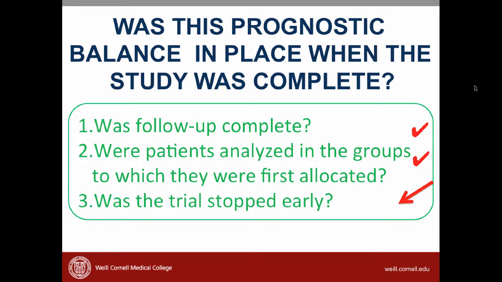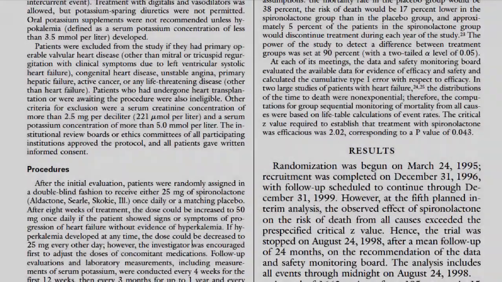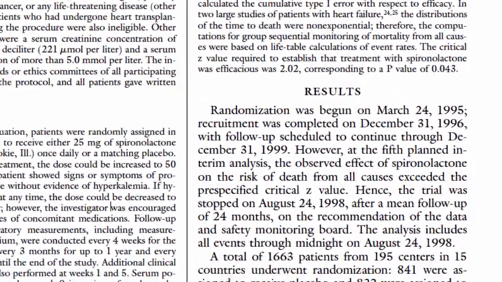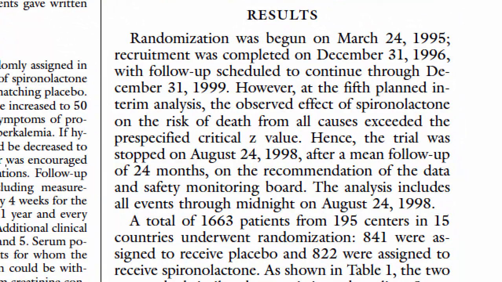Studies are stopped early, however, if it looks like the benefits really outweigh the risks, or vice versa. In fact, the spironolactone trial is an example of a study that was stopped early. In the results section, the researchers write, "At the 5th planned interim analysis, the observed effect of spironolactone on the risk of death from all causes exceeded the pre-specified critical z-value.